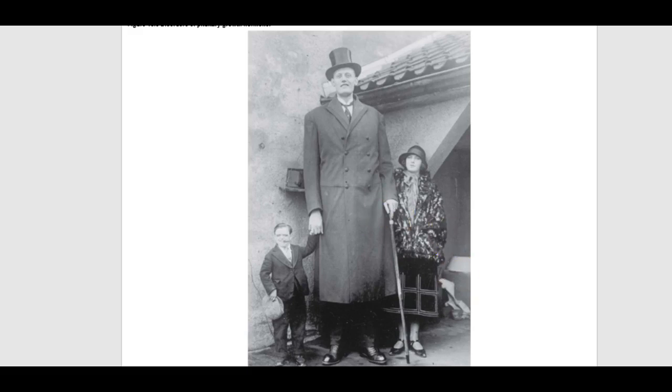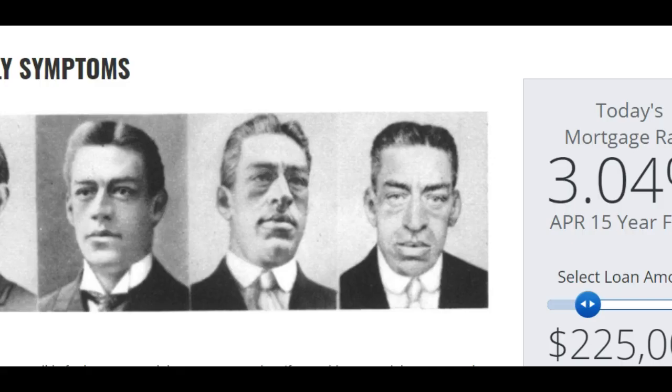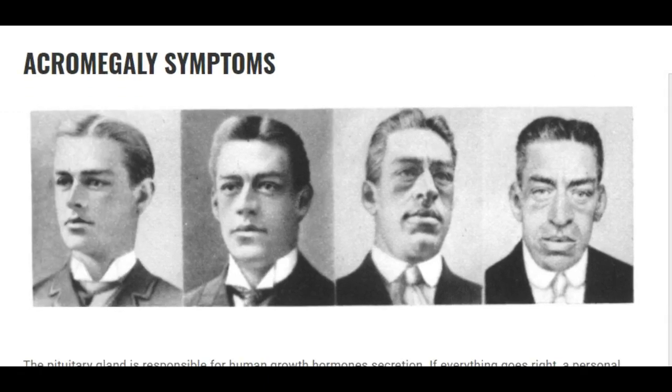And then one more disorder I'll show you, which is similar to gigantism, in that this is a case where too much growth hormone has been produced, but in this case, it's after the epiphyseal plates have closed, so the bones can't really go longer, but they do grow much thicker.